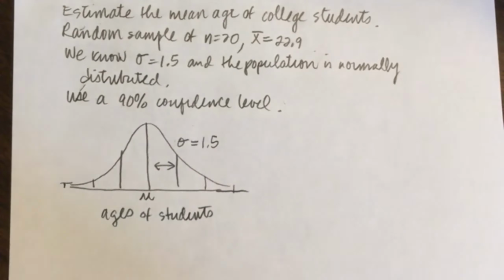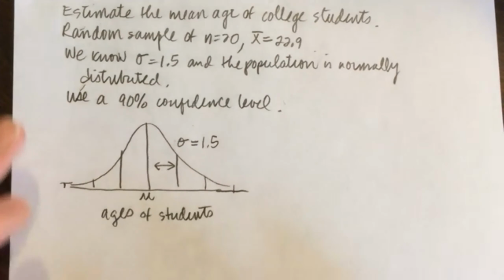So 3 times 1.5 is about 4.5. So 2 times 4.5 is about 9. So in that 9-year window, we're going to expect almost all of the college students. All right, and that was information from normal distributions, which I think was the end of chapter 4 and the beginning of chapter 5.